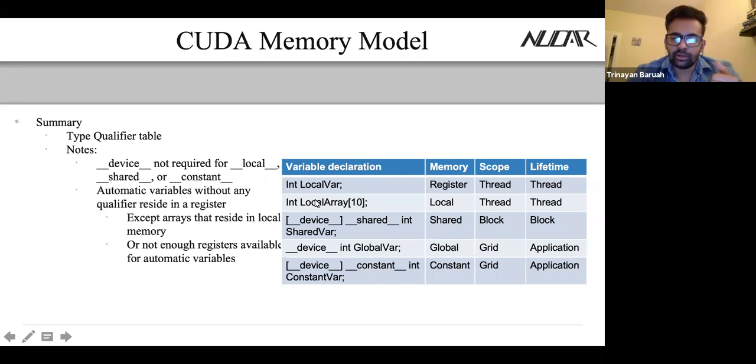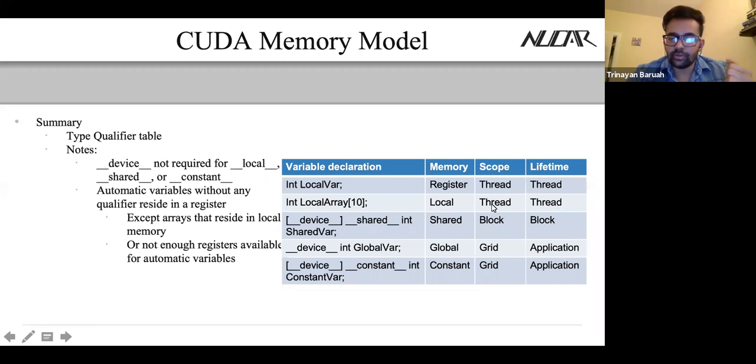Now we come to another one, say, an array that is declared inside the kernel. It's a local array of size 10. In some cases the hardware might actually decide to store this in registers, but let's take the normal case where this would be stored in local memory. The scope of this local array is the thread, and the lifetime is also the thread.